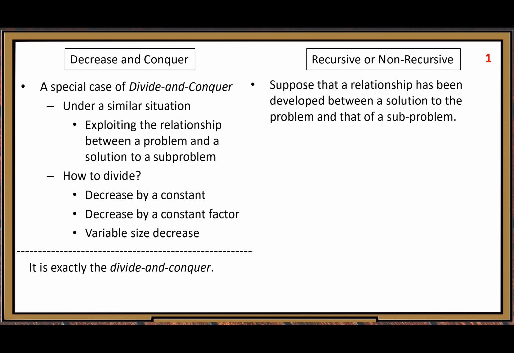Usually, when we use divide and conquer, it is highly likely we do it recursively, because we need to connect the current problem solution and the subproblem solution relationship. That is exactly the recurrence relation. So here you can see the recurrence method is very powerful.